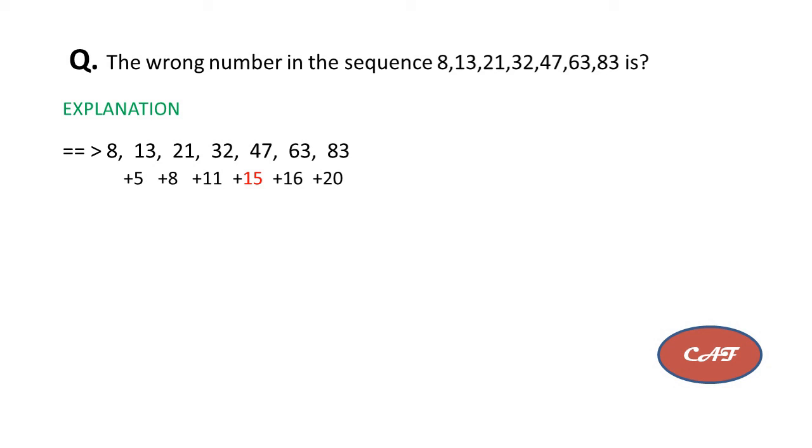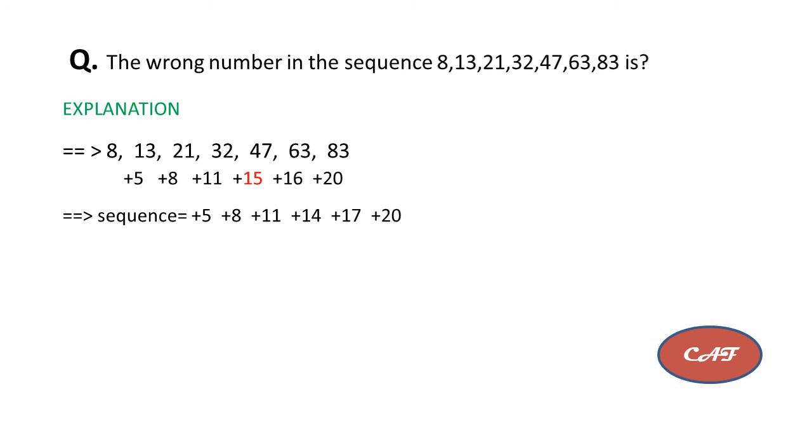The first two terms add plus 5, next plus 8, next plus 11. The difference between 5 and 8 is 3, between 8 and 11 is 3. So next you have to add 14, but they are adding 15. So this is the wrong one.